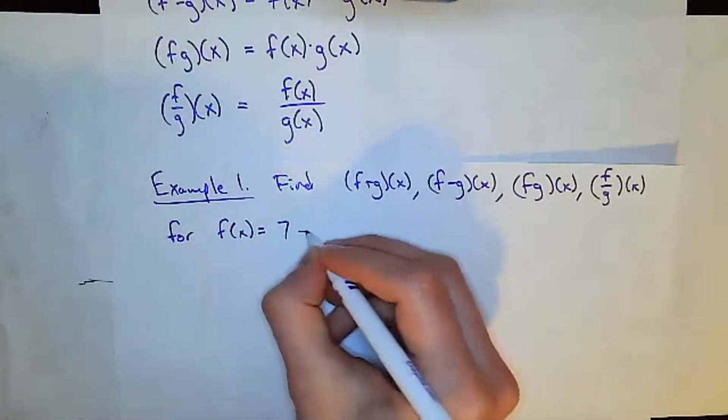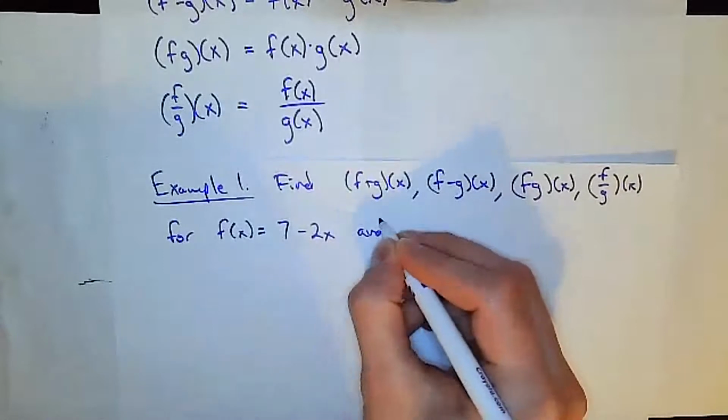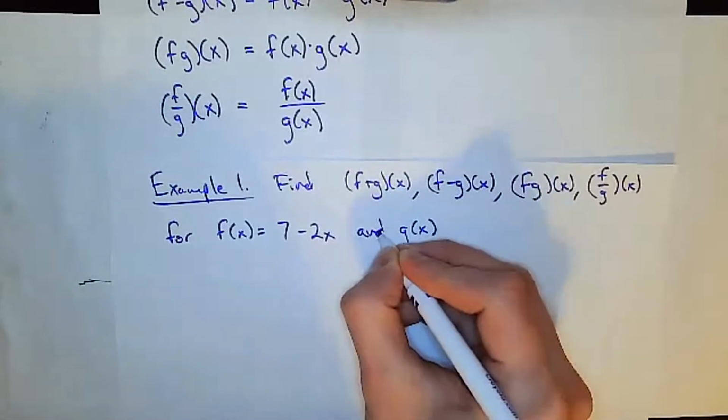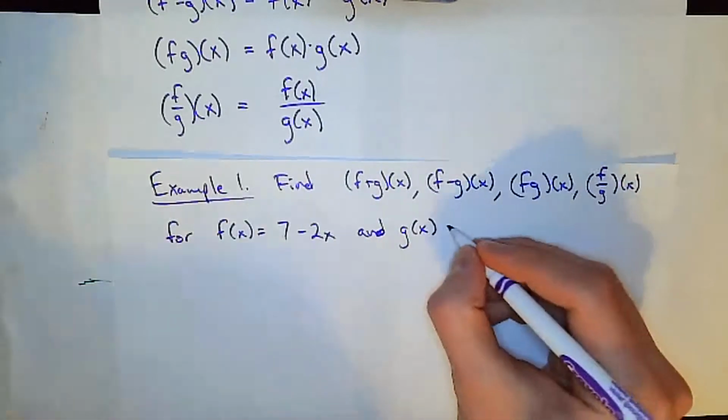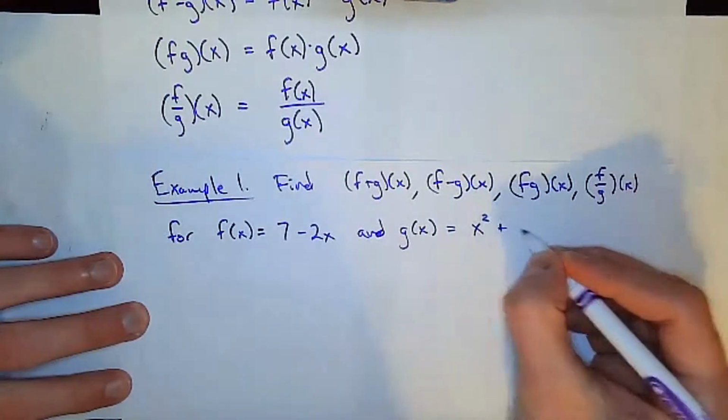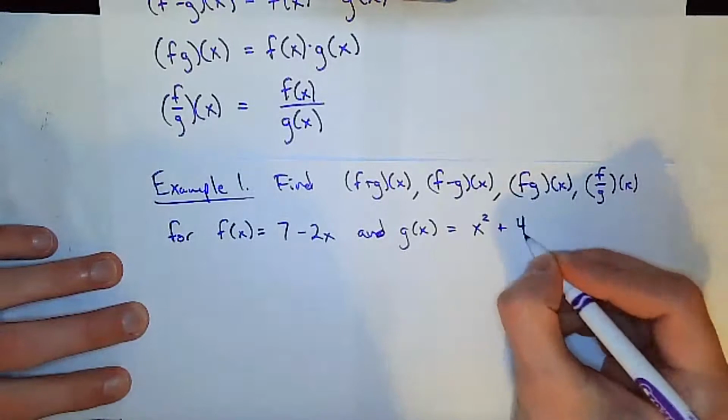Okay, let's do f of x equals 7 minus 2x and g of x equals, I don't know, x squared plus 4x.